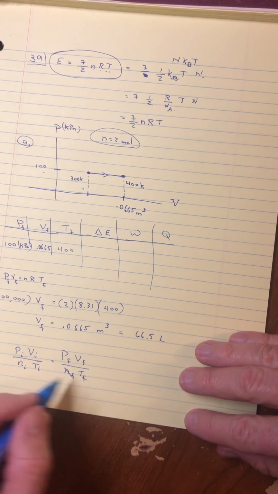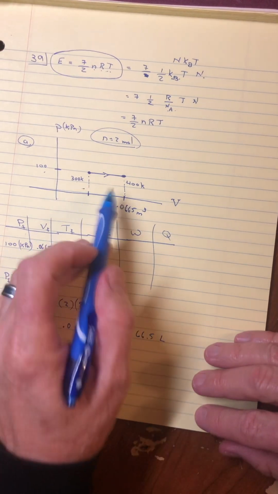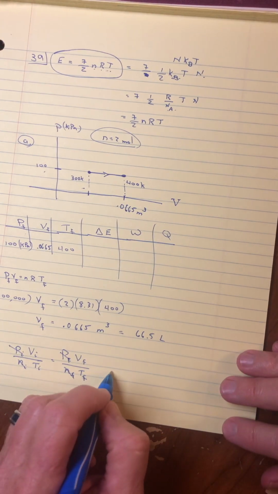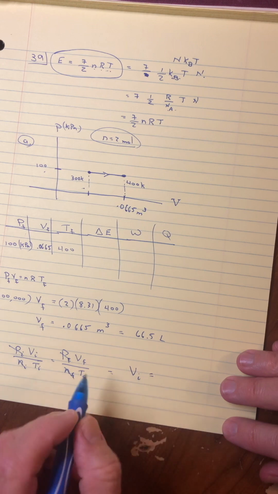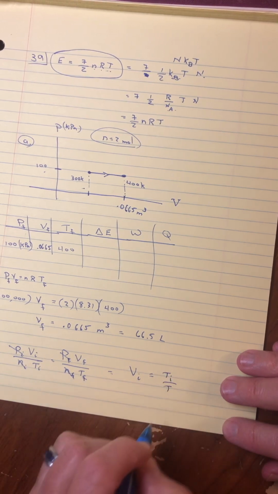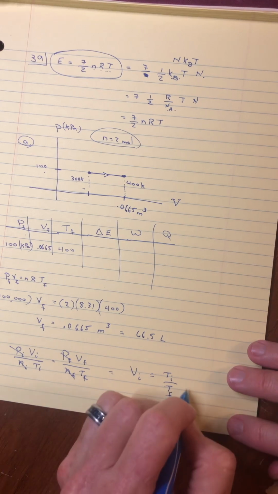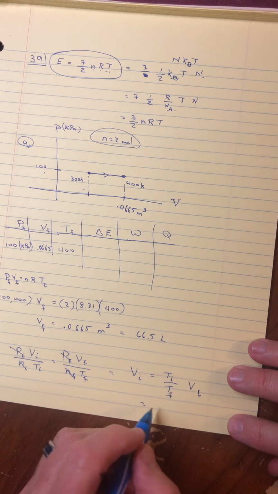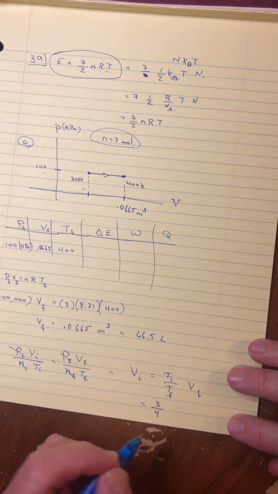And for this problem, the number of moles doesn't change, and the constant pressure comes in. And so the initial volume would be the initial temperature over the final, times the final volume. And that right there is the 300 over the 400.